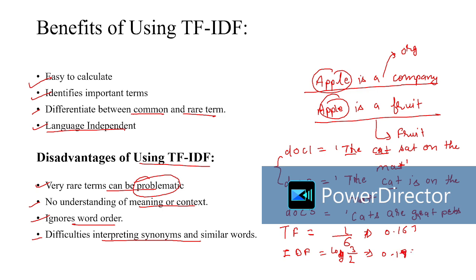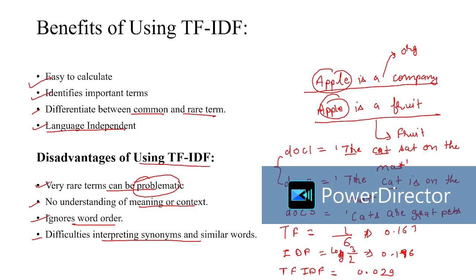And the TF-IDF value is 0.0029. This is the TF-IDF value.